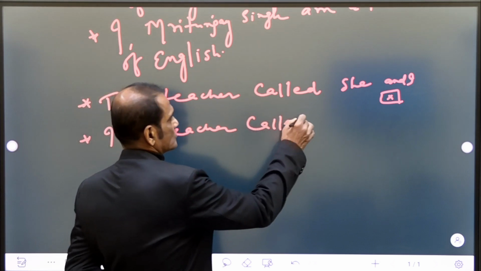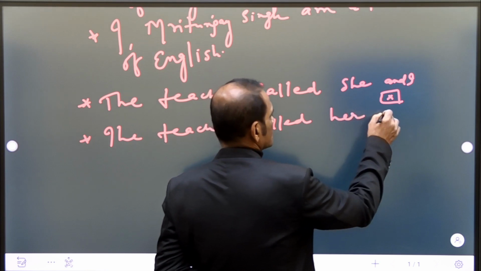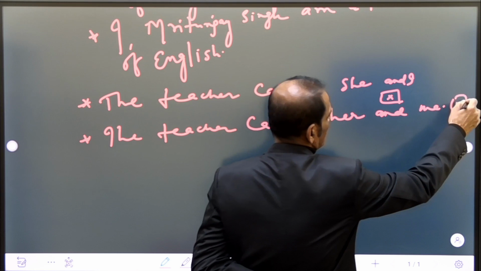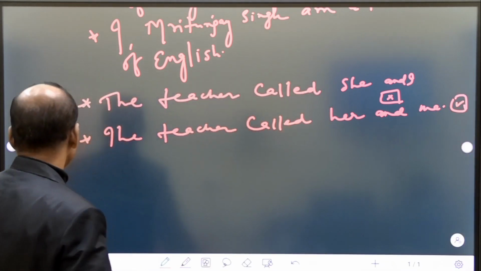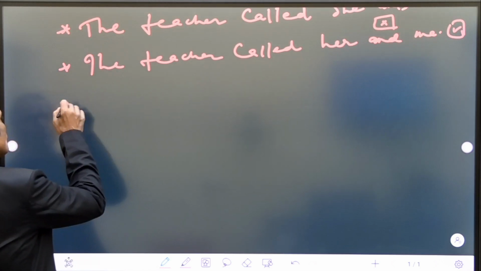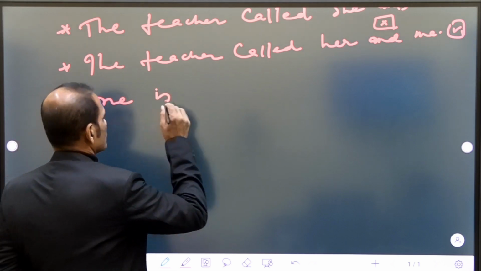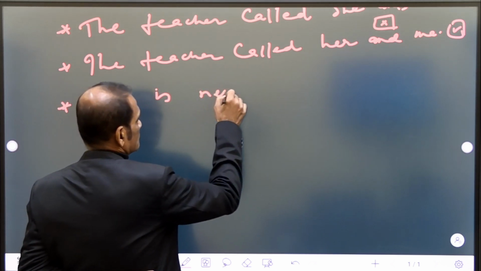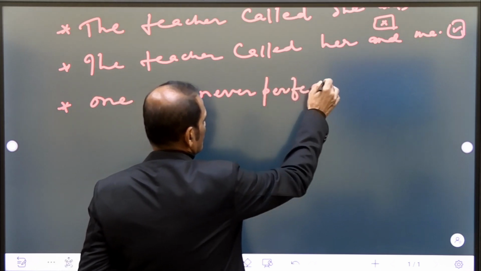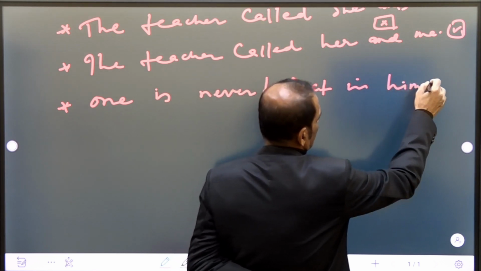Let's say the teacher called her and me. This one is correct. And next: One is never perfect in himself.